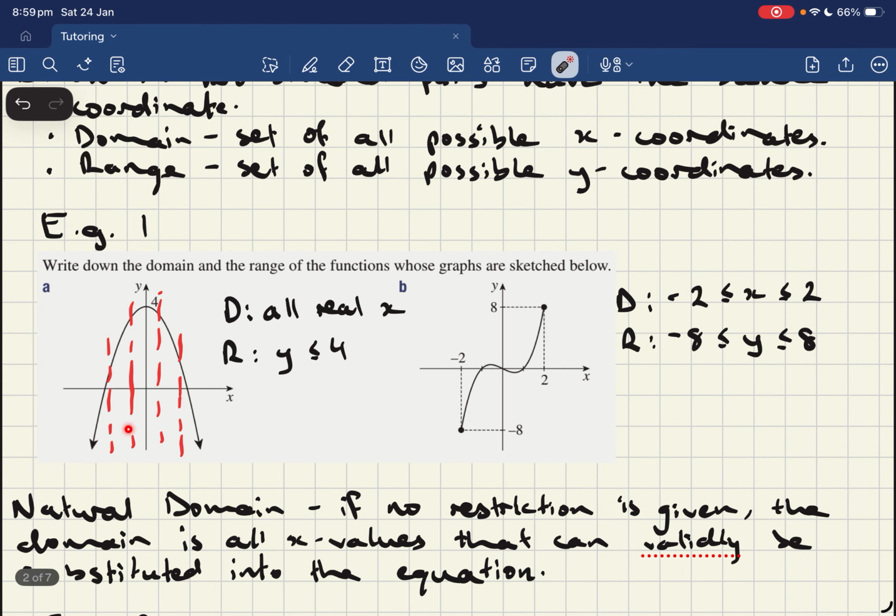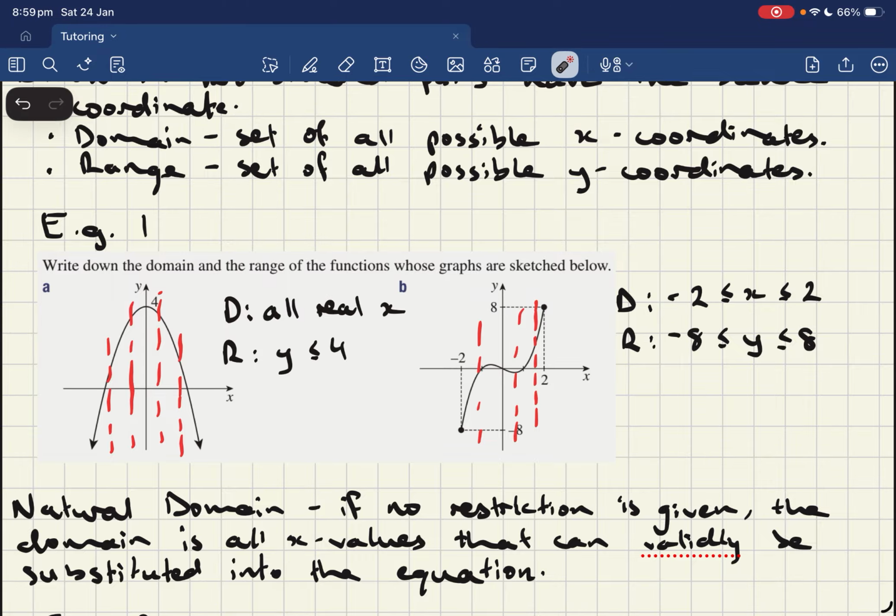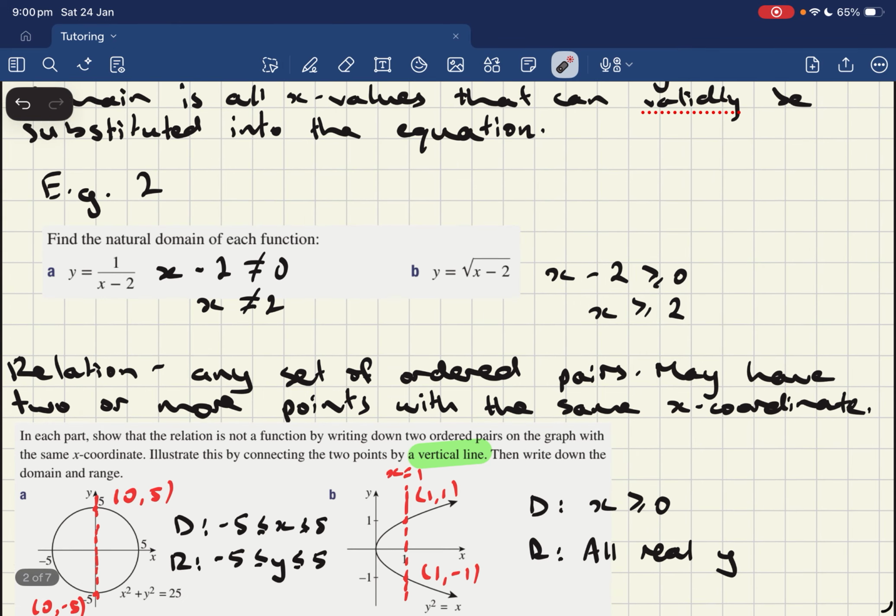Every single line we draw through just passes it once. Same thing happens here. Draw a line through, draw a line through, draw a line through. Anywhere I draw my vertical line, it will only pass through this graph once, meaning that it is a function. This is a really quick way to distinguish between the two. The vertical line test gives us a good way to do that.